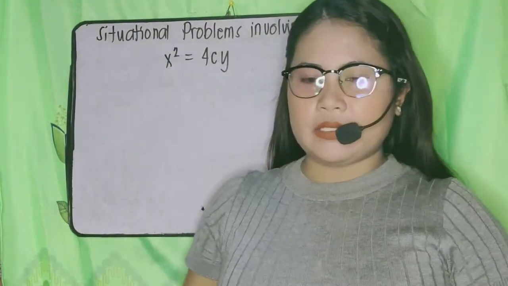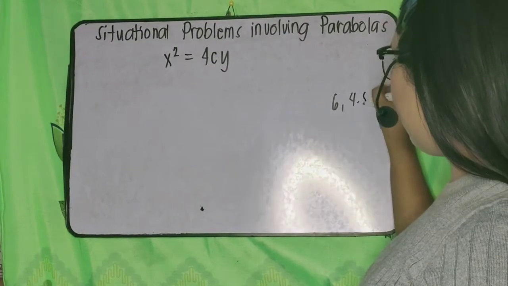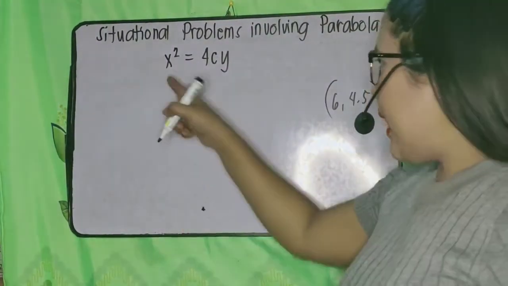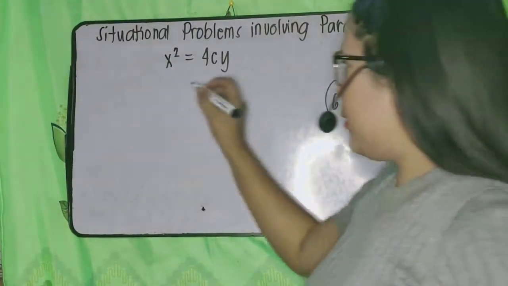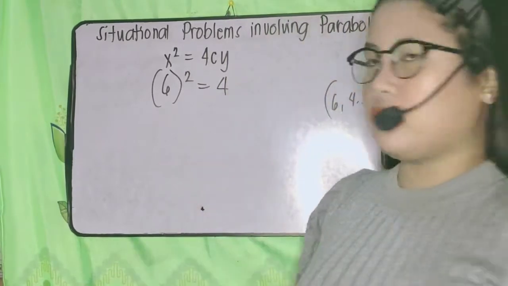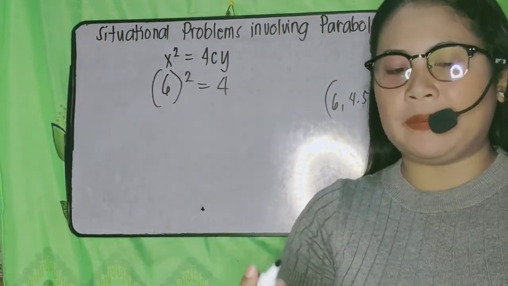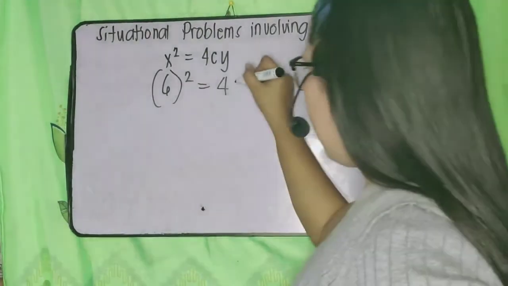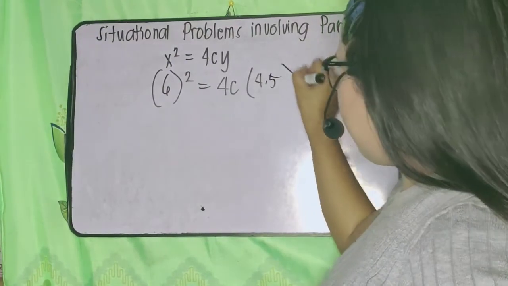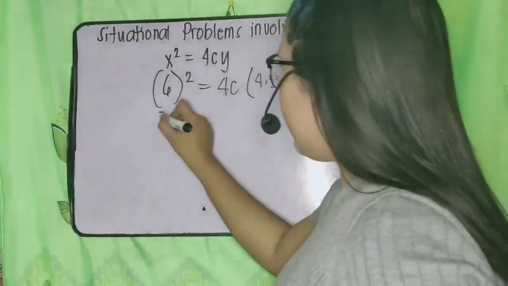Okay, so from that, since we have (6, 4.5), so this is our point on the parabola. So our x value will be 6. Okay, so 6 squared equals 4 times what will be the value for c? Hahanapin po natin is the value for c. So copy c, then the value for y will be 4.5. Okay, so after that, simplify. 6 raised to 2, or 6 times 6, we have 36.